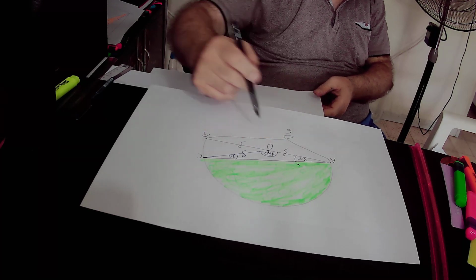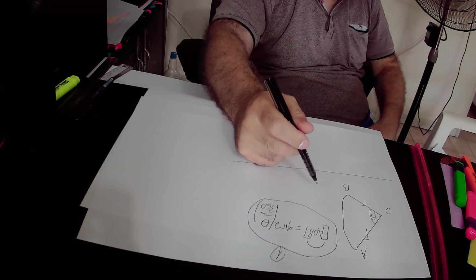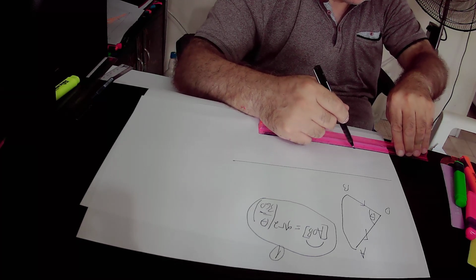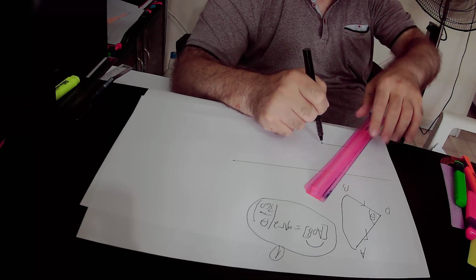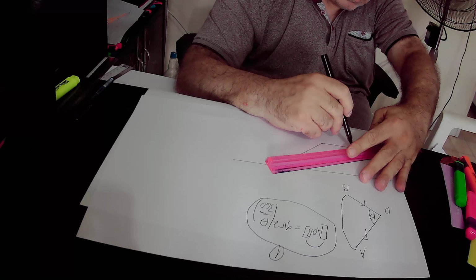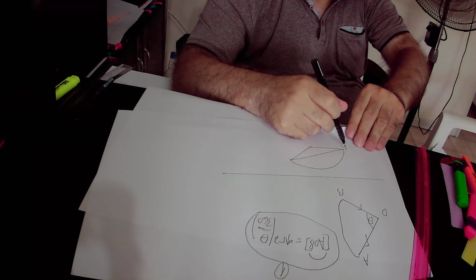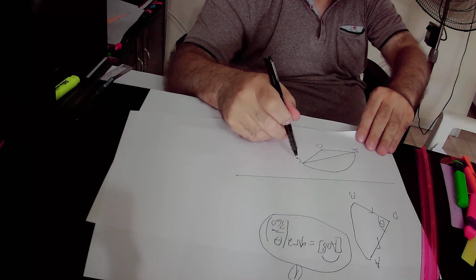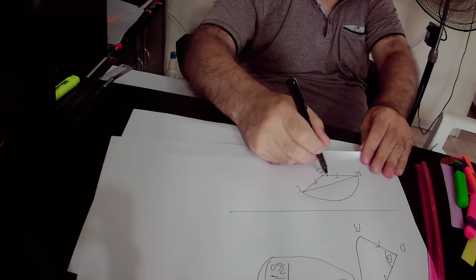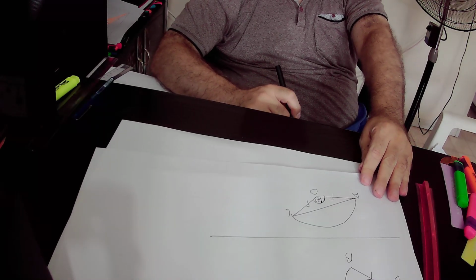So I'll copy sector AOC here, and we'll apply this formula to sector AOC in order to find out its area. So this is sector AOC that I copied from the original drawing.